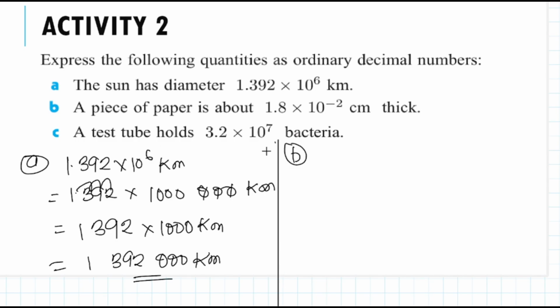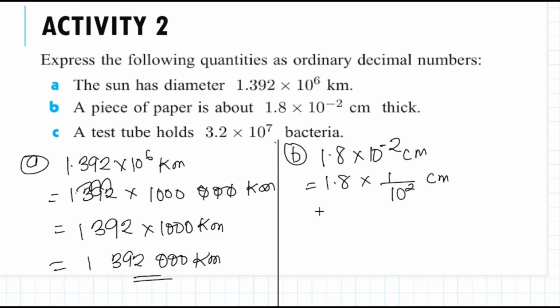Okay, so let's look at B. A piece of paper has a thickness of about 1.8 times 10 raised to the power minus 2 centimeters, right? So we'll break it down into 1.8 times 1 over 10 raised to the power 2 centimeters.